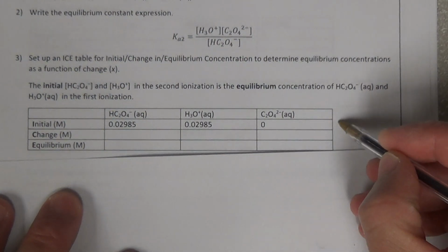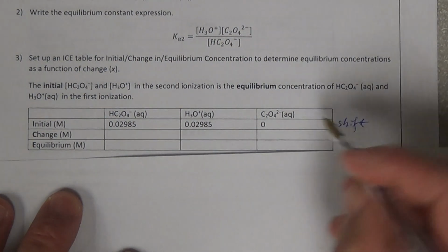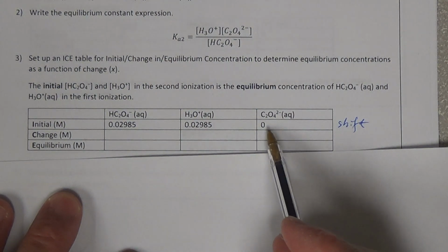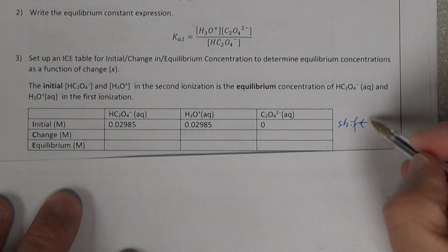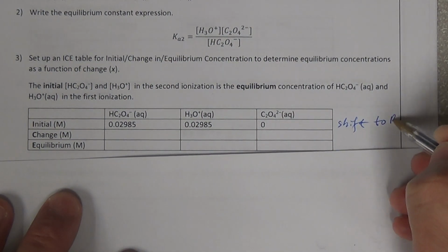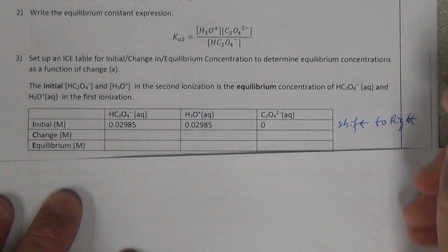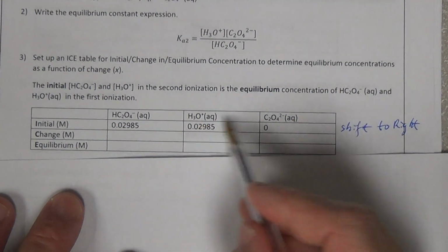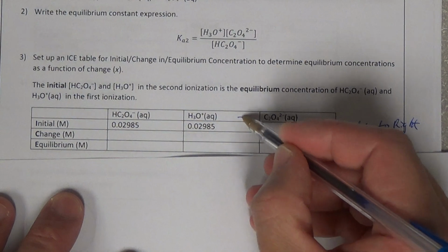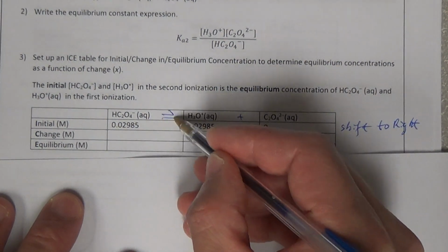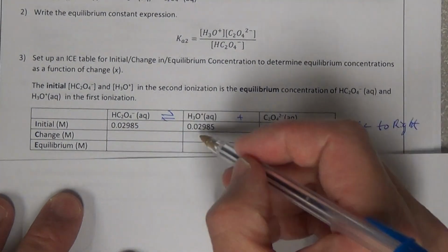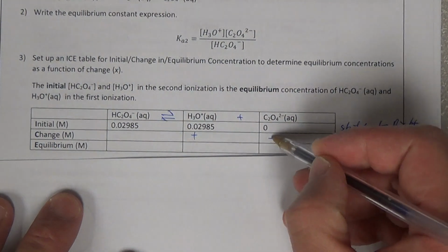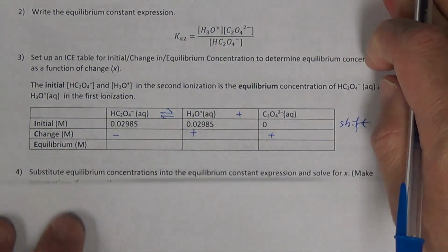So considering these three numbers, there's a 0 on the right side. So therefore, we'll shift to the right to achieve equilibrium. And both of these are the reactants, and this is the product. So this becomes plus and minus.